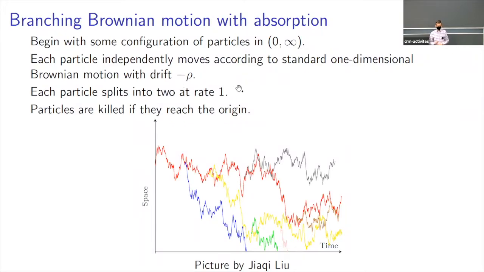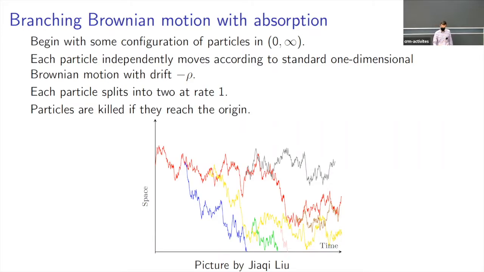Each particle splits into 2 particles at rate 1. It's possible here to consider more general offspring distributions. Most of the results that I'll discuss will still be valid, but I'm going to stick to this simple case of binary branching. And then particles are killed if they reach the origin, and that's what we're using to model selection.